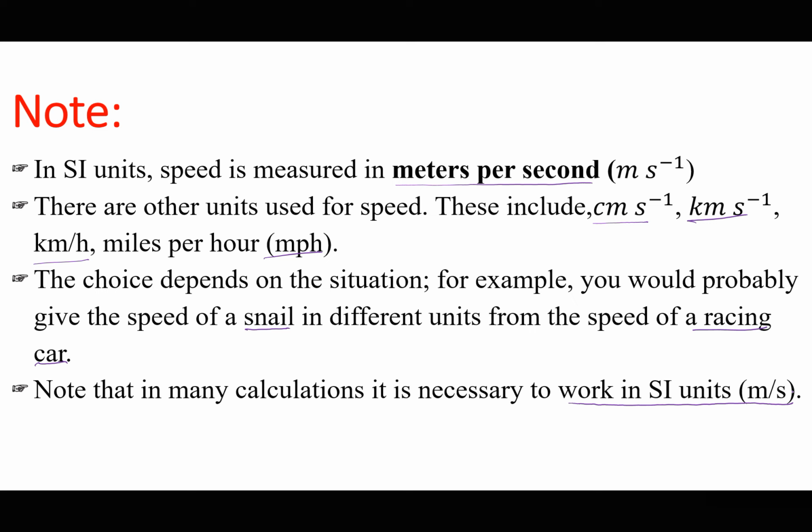But in many cases, it is going to be convenient for you to work in SI units, such as meters per second. Okay, so that is briefly what we could say about speed and average speed. We are still going to explore more about speed, but before we go into the details, let's briefly remind ourselves how to determine the speed.